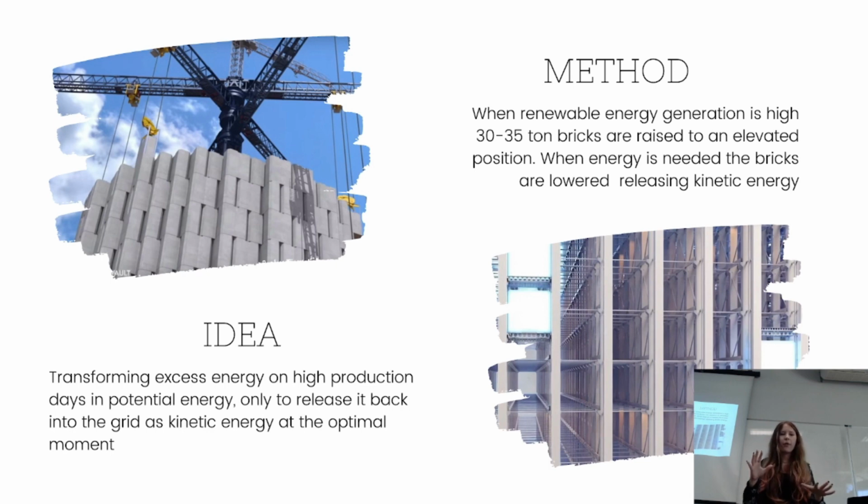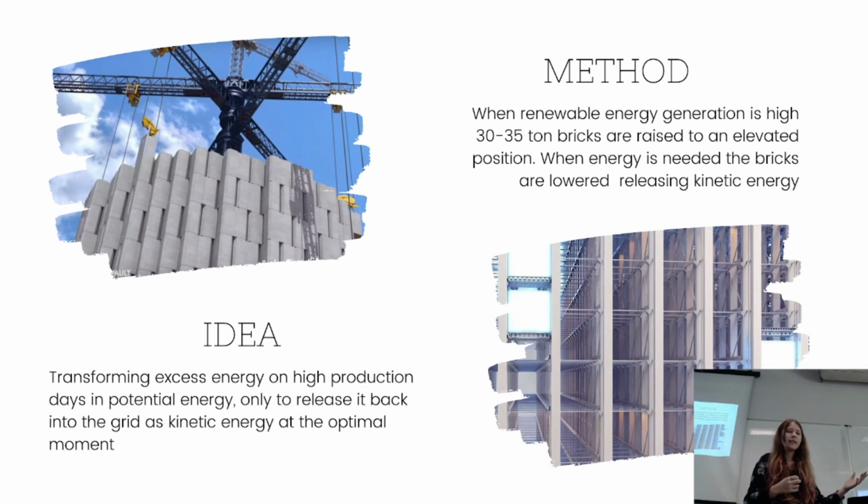Speaking more about the specific method they use, the idea in general is to use bricks. These bricks are about 30 or 35 tons. When there's a lot of energy being generated, on days that are really, really windy, these bricks are raised to an elevated position. They have two ways of doing this. One is in box-like structures that work a lot like elevators, where the bricks stay on the ground and, when needed, go to the top.